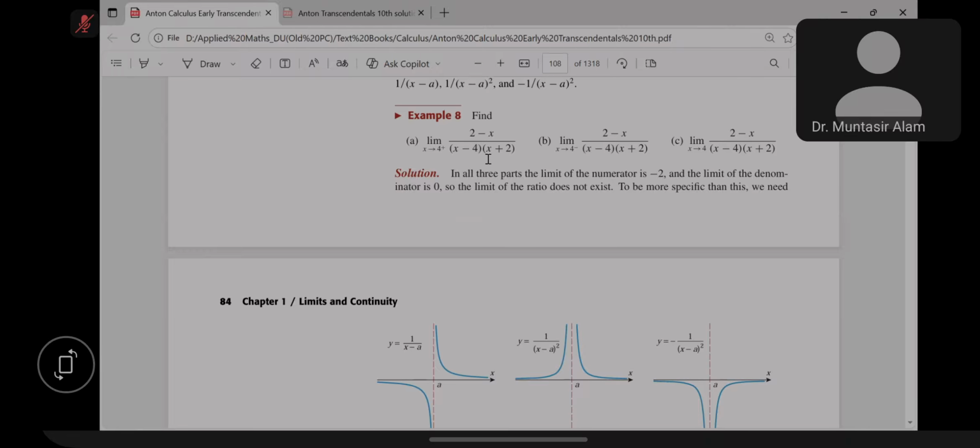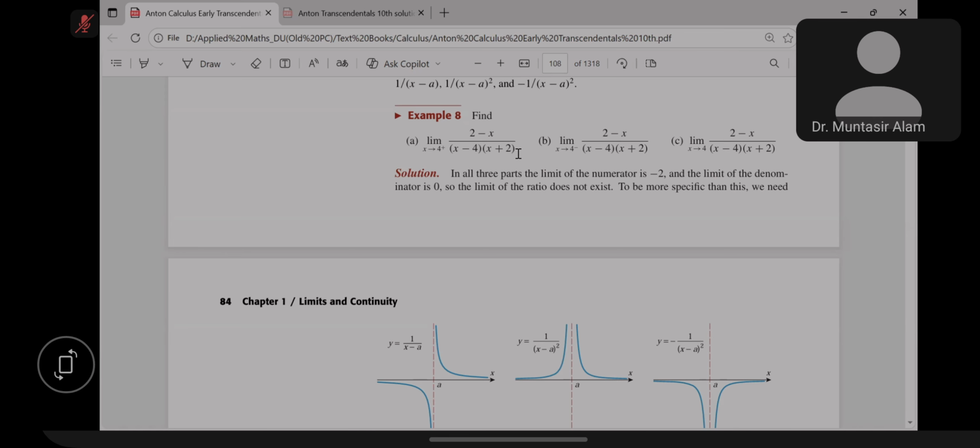Anything greater than 4 also gives the factor x plus 2 a positive sign. Do you understand what I'm saying? Yes, sir. So plus and plus gives you plus.